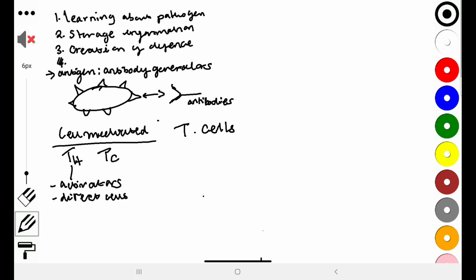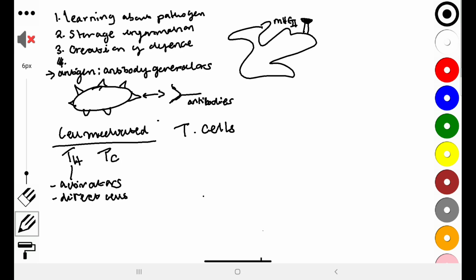So we ended on antigen presentation. So let's say we have a dendritic cell that has just presented on the MHC2. All right. So first of all, we have the phagocyte, which is the dendritic cell.